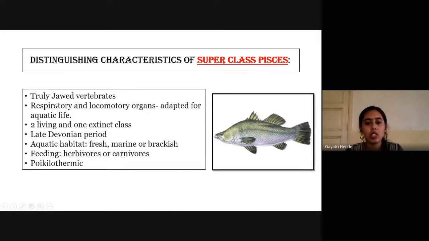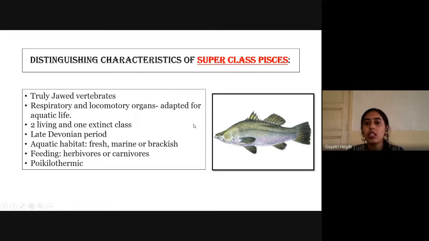So these are generalized points. So what are Pisces? They are vertebrates which are truly jawed, meaning they have two jaws. Two sets of jaws are present. Their respiratory organs and their locomotory organs are fully adapted for an aquatic habitat.